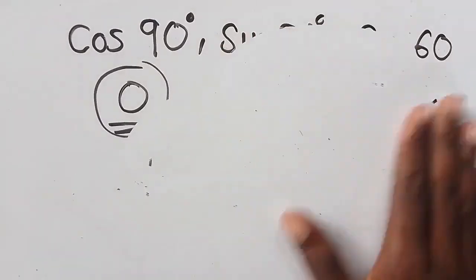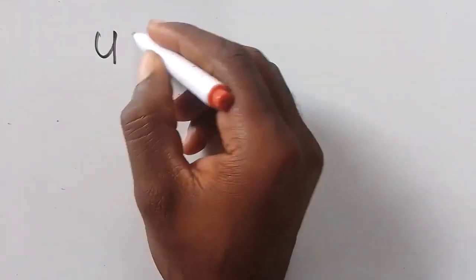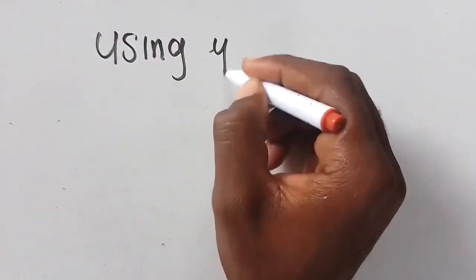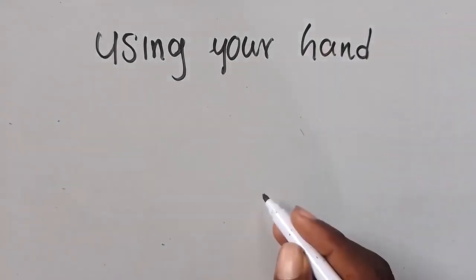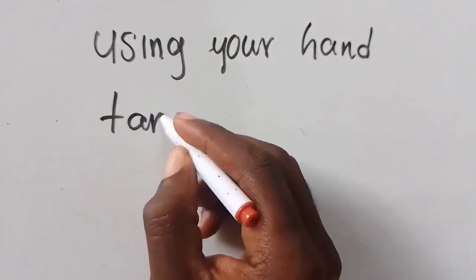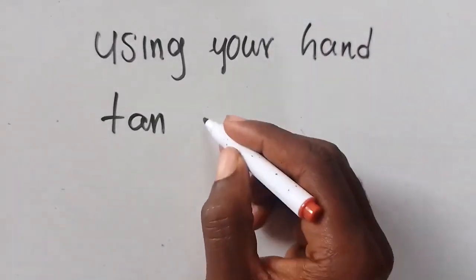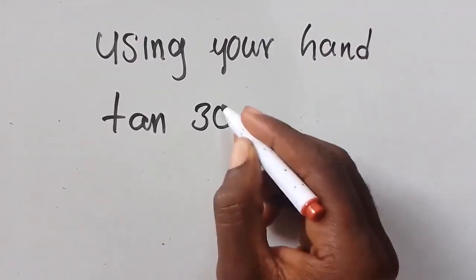So using your hand, you can confirm all these answers by just using your calculator. Using your hand, I want you to answer these questions. I want you to find tan 30.